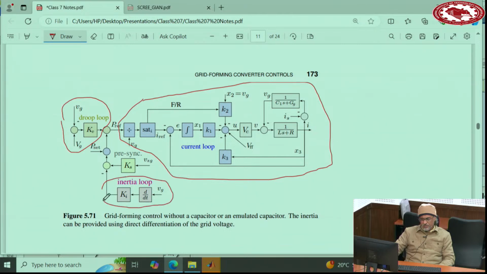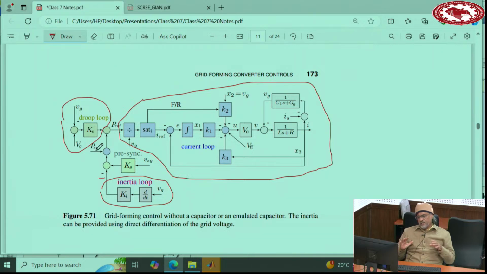Inertia term, remember what it was? It was proportional to the derivative with negative sign. So derivative of the grid voltage with negative sign. And then there is another term here which you don't need to worry about now, because this is basically for AC. But in order to complete the picture, I put it here. That's the synchronization term here. And this is the set point of the power.